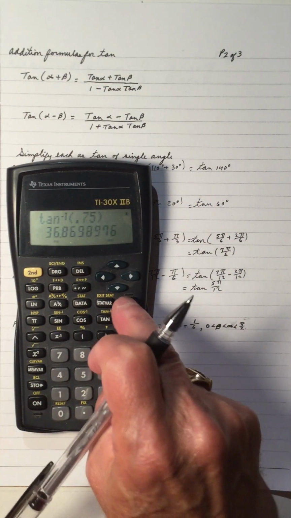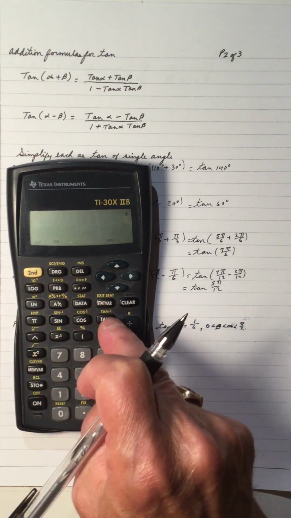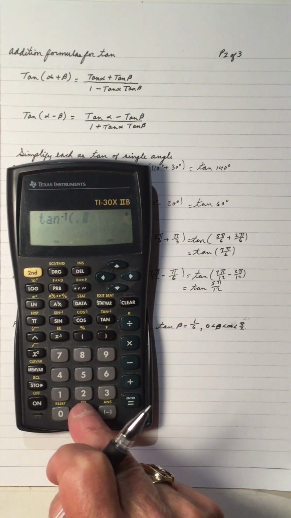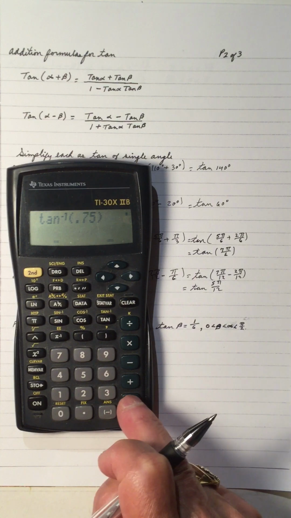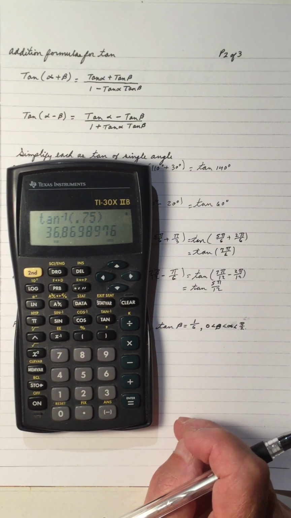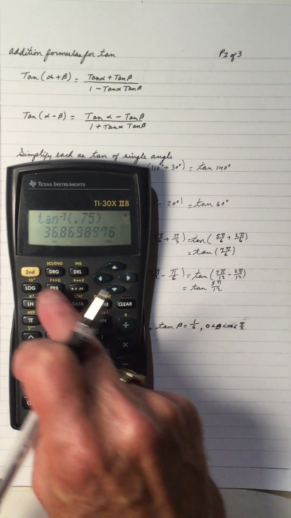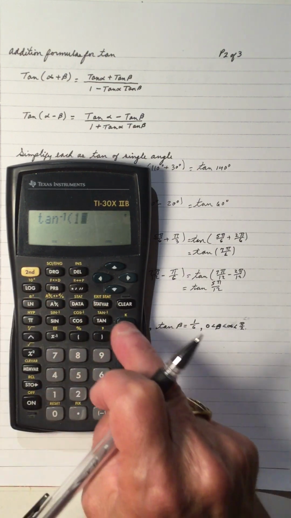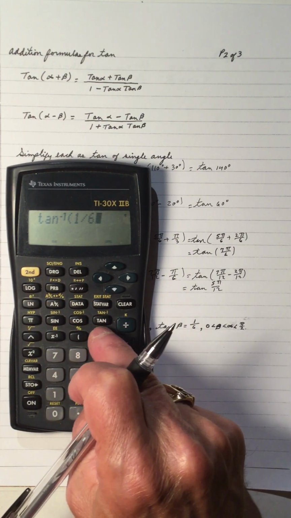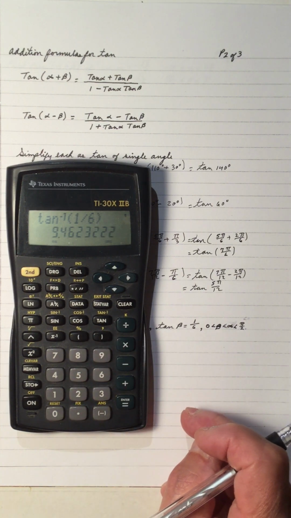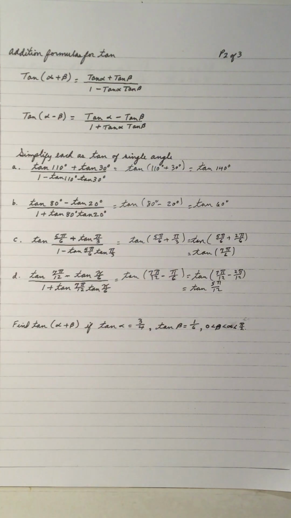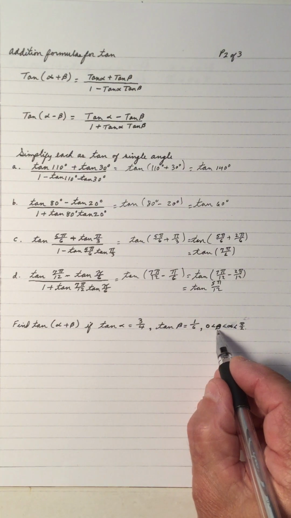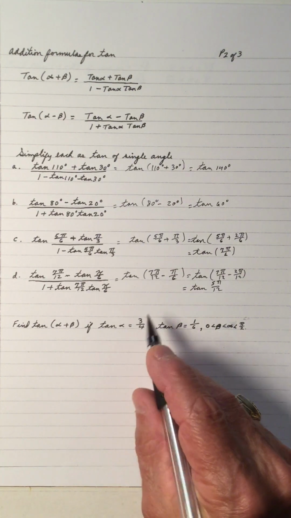Turn on the calculator. The inverse tan of 3/4, which is 0.75, is roughly 37 degrees. And the inverse tan of 1 divided by 6 gives us about 9 degrees. So that's why beta is smaller than alpha.